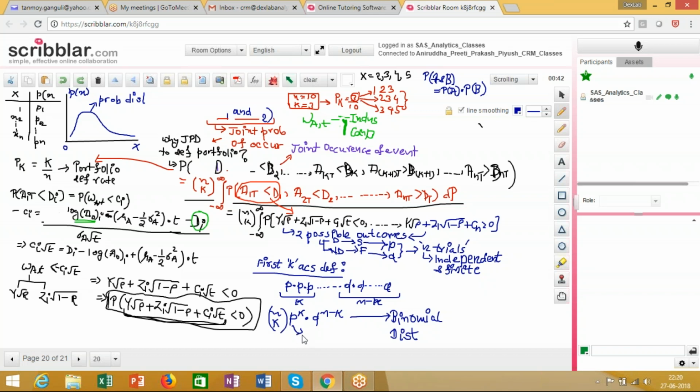Therefore, it will be nothing but N(Ci), right? And the probability of failure will be 1 minus N(Ci).